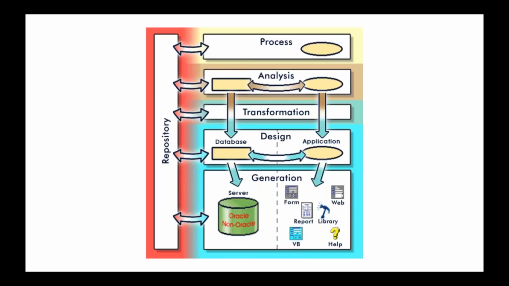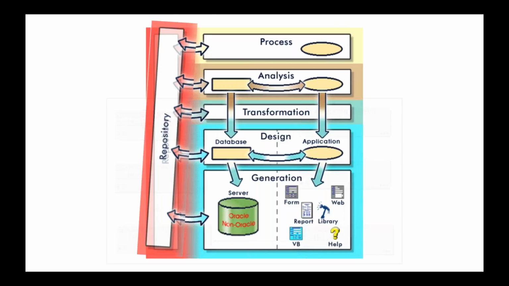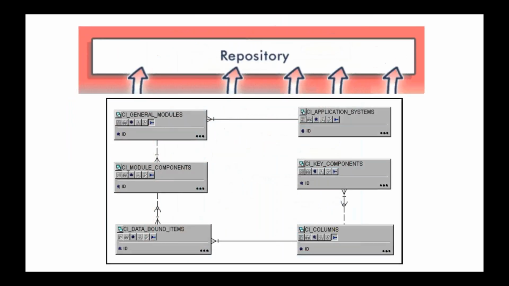The very best part was that all of the information that you put into the designer was stored in a repository, a fully documented set of tables and views. This meant that all the information that you went through the effort to put into this wonderful tool was available to you. All you had to do was write a query. So Oracle gave us the keys to the kingdom and a map how to get there.